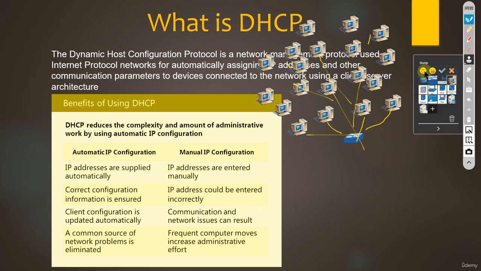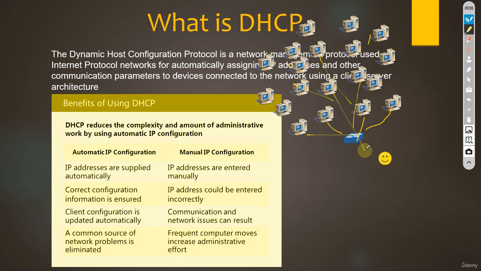And then you as a server administrator, you have to configure IP addresses for all these devices. So what are you gonna do? You will go one by one on each device, and then you will provide the IP address manually. And we have already talked about the IP address in our last slides, what is IP.